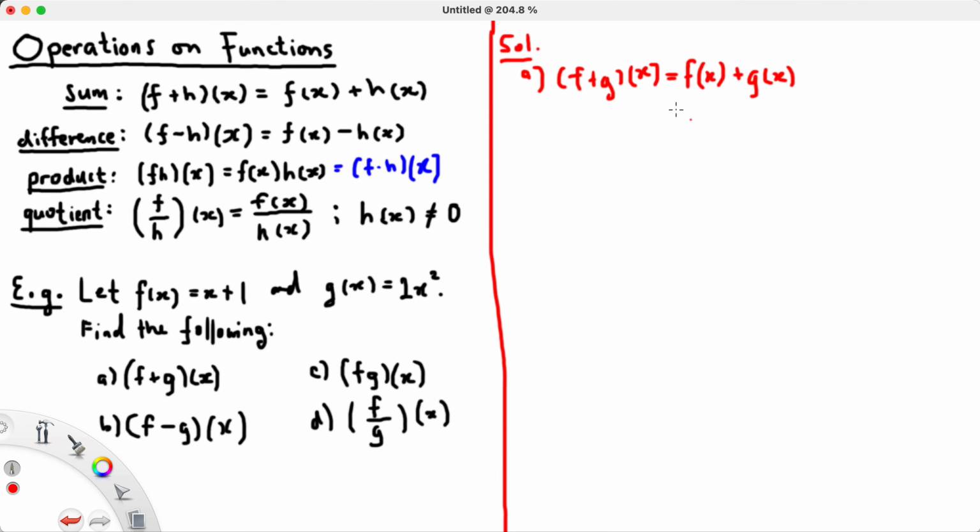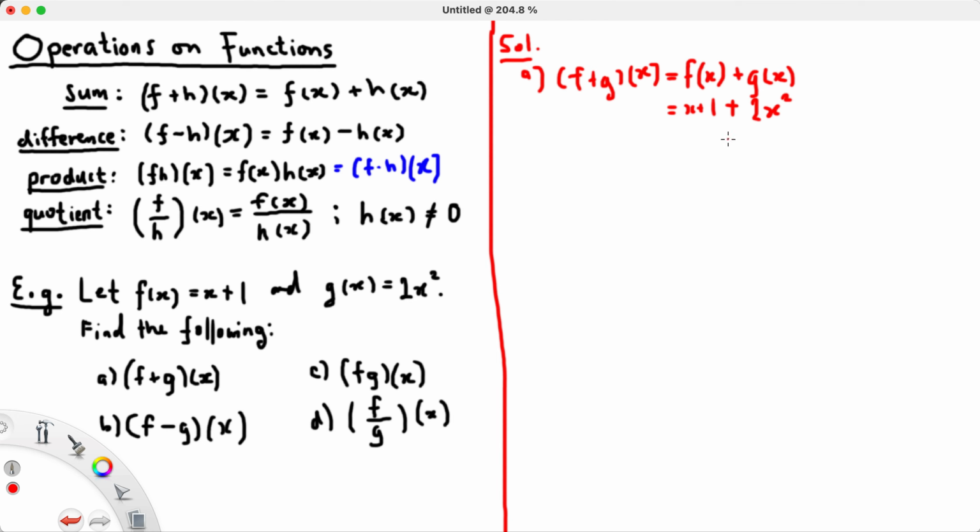Again, we define f of x as x plus 1 and g of x as 2x squared. So we're going to write them down: x plus 1 plus 2x squared. And then the most important part is to combine them properly.